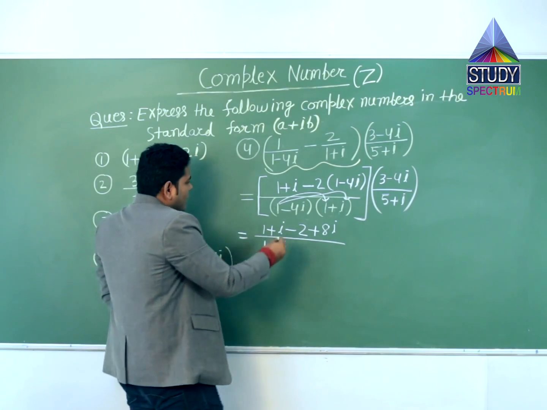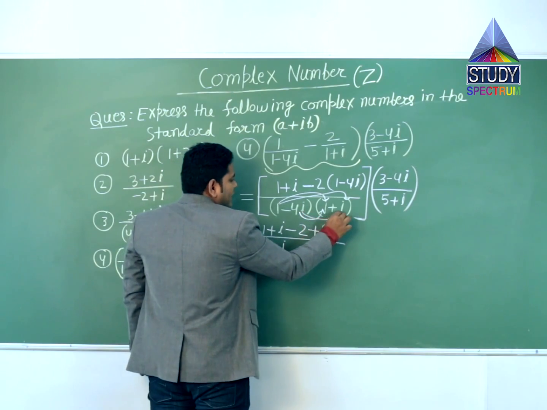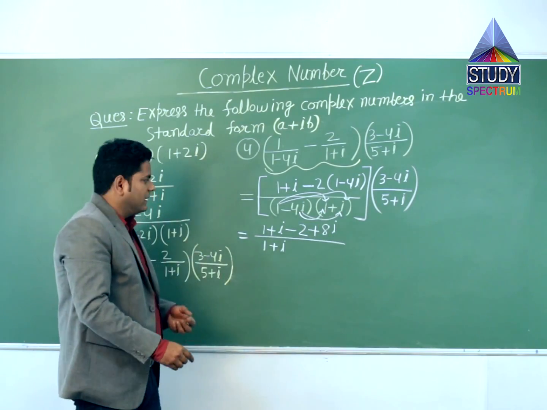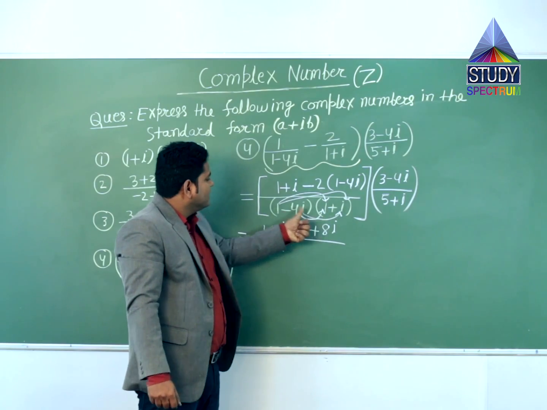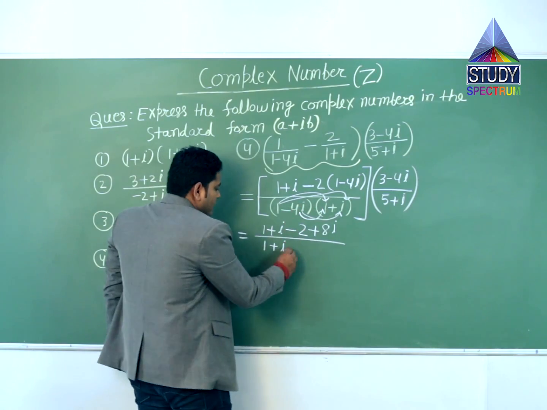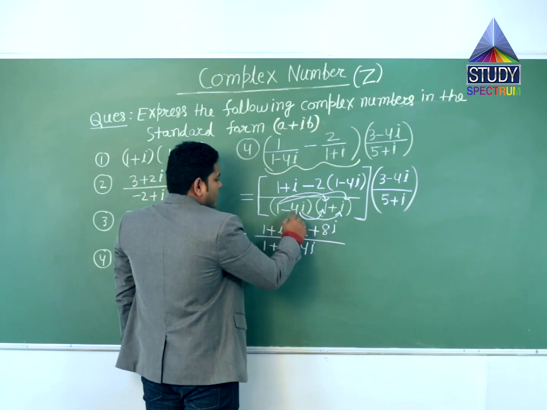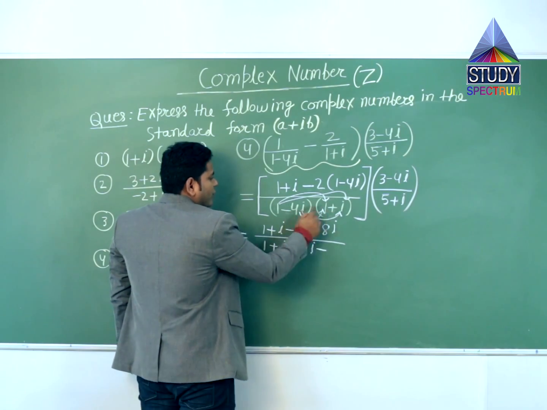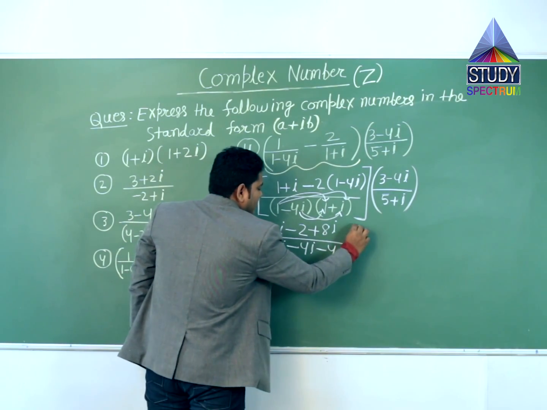In the same way, minus 4i will get multiplied with 1, and minus 4i with plus i. So minus into plus is minus, 4 into 1 is 4, and i is there. Minus into plus is minus, 4 into i is 4i square.